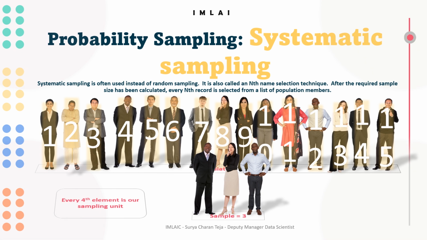This is what is called systematic sampling. By using systematic sampling, we can ensure that the sample is representative of the population while reducing the time and cost of sampling compared to simple random sampling. However, it's important to ensure that there is no periodic pattern in the population that may bias the sample selection.